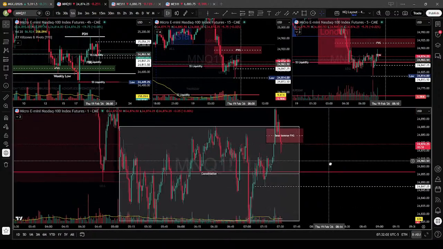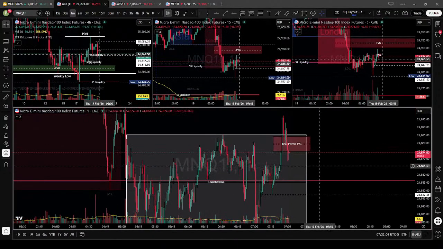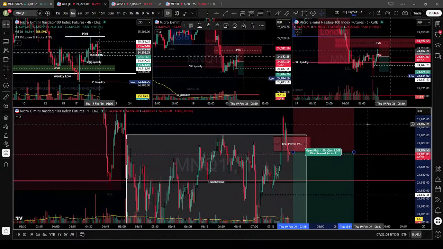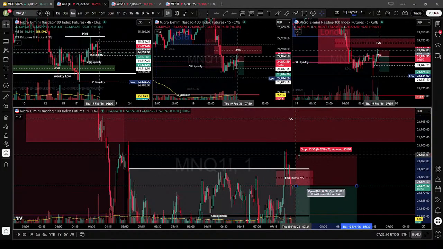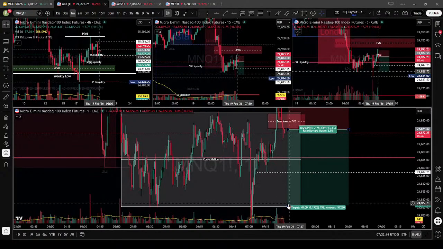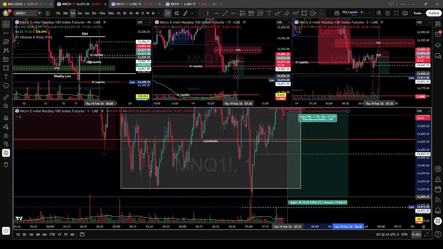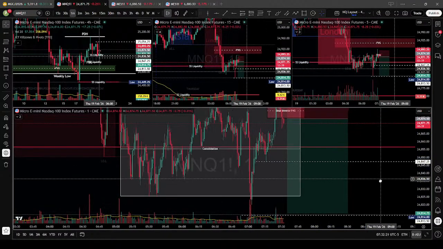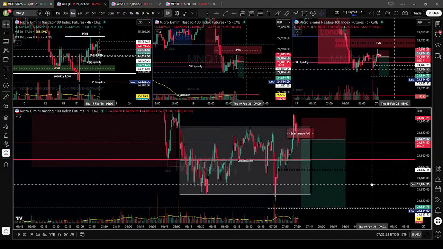Yeah, this candle closed below that fair value gap, which should trigger the trade, with 18 points of stop loss and the target being 60 points. Yeah, 60 points target.